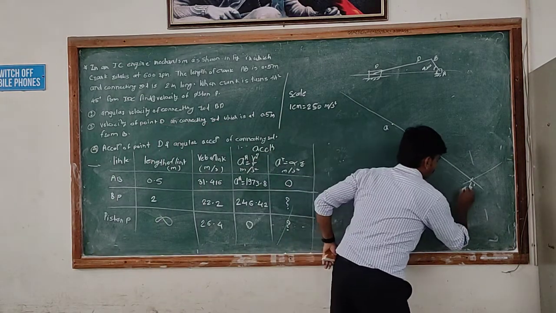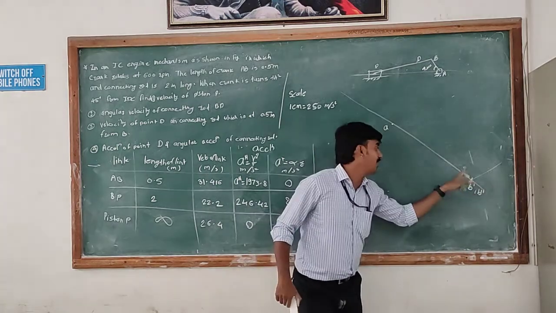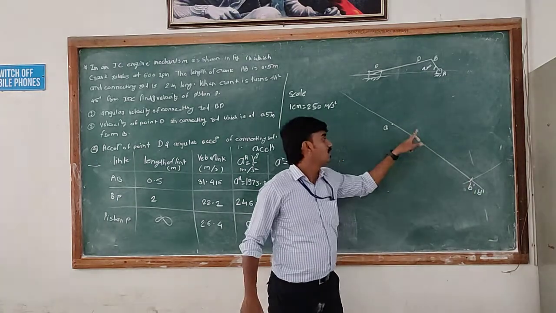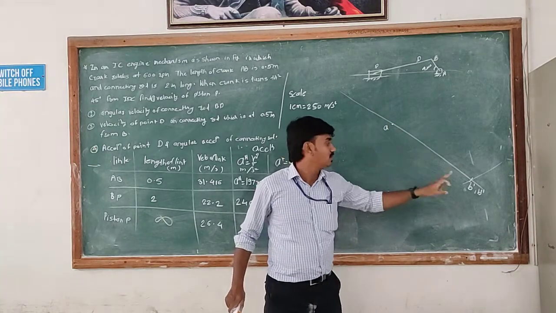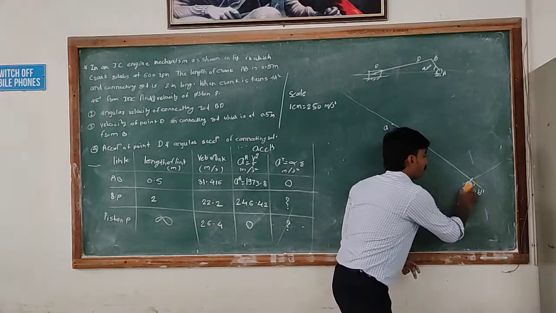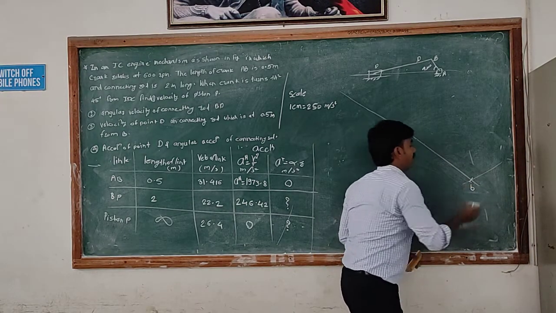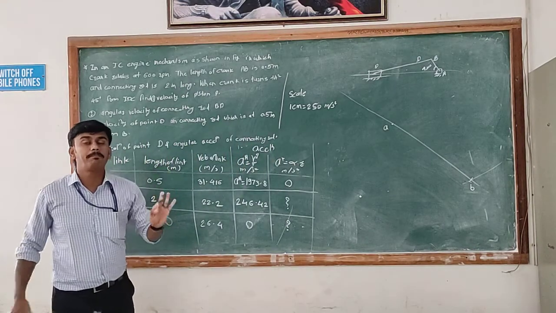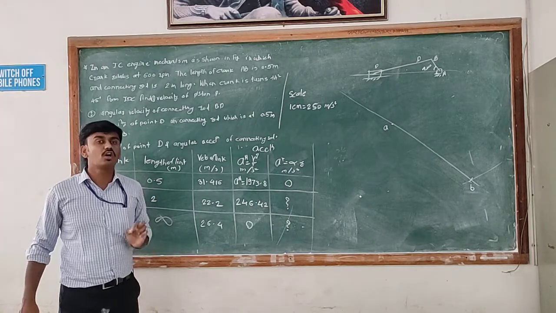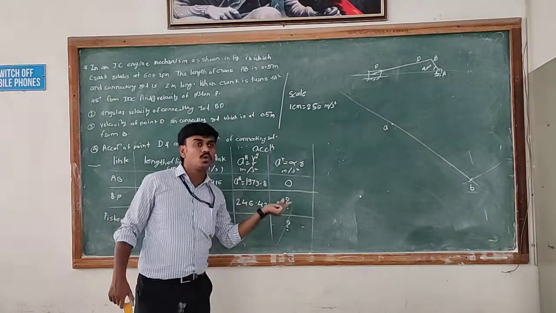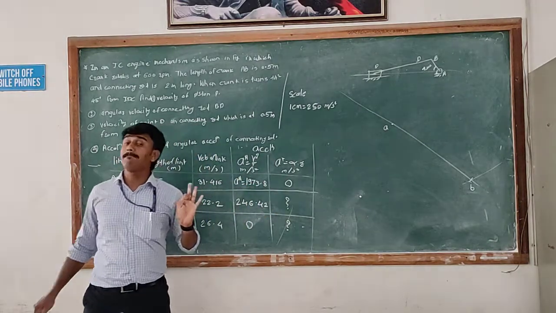Therefore point B double dash also lies at the same position, that is B. Points B dash and B double dash lie at the same position because the tangential acceleration is 0.